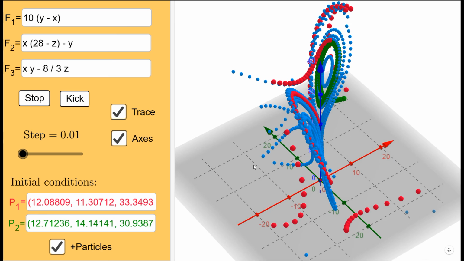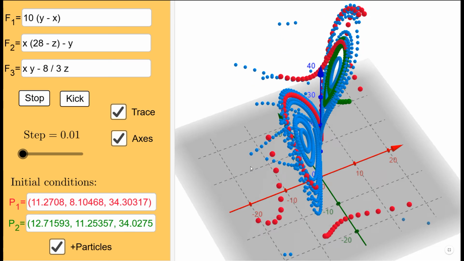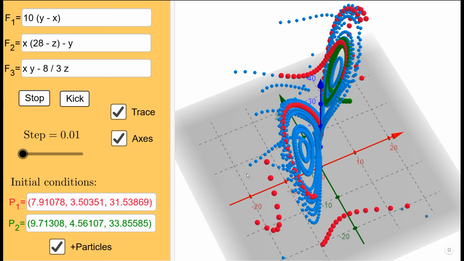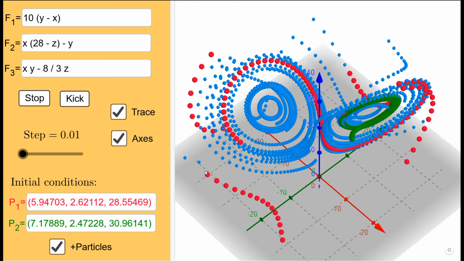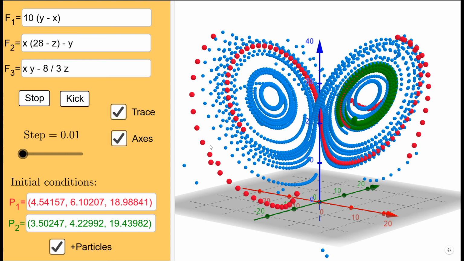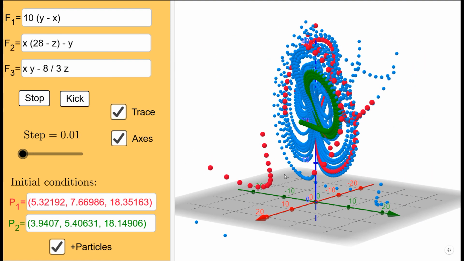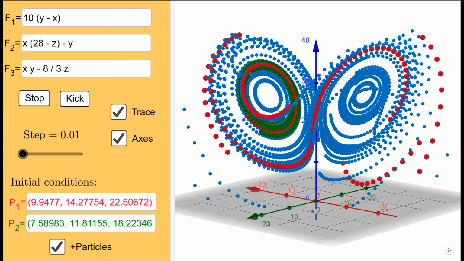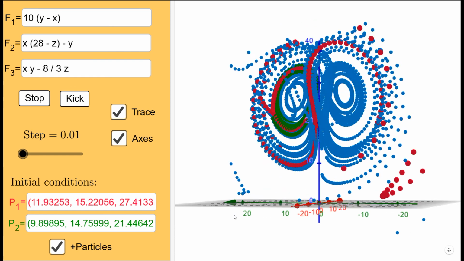So the flow curves here are, of course, not two-dimensional, but three-dimensional curves in three-dimensional space. So hopefully that gives you some idea of what's going on there.